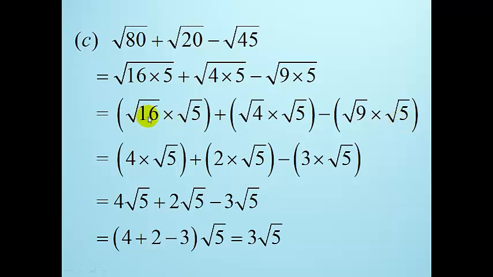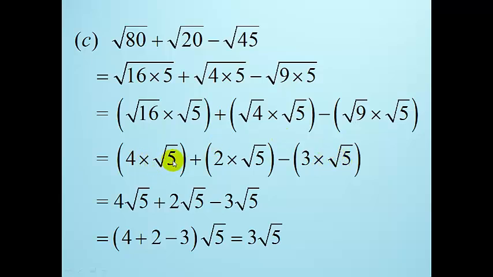Now because 16 is a perfect square, when we take the square root of 16, the answer is 4. So we have 4 times root 5. 4 is also a perfect square, so when we take the square root of 4, the answer is 2. So you have 2 root 5. Now the square root of 9 is also 3. So we have 3 times root 5.